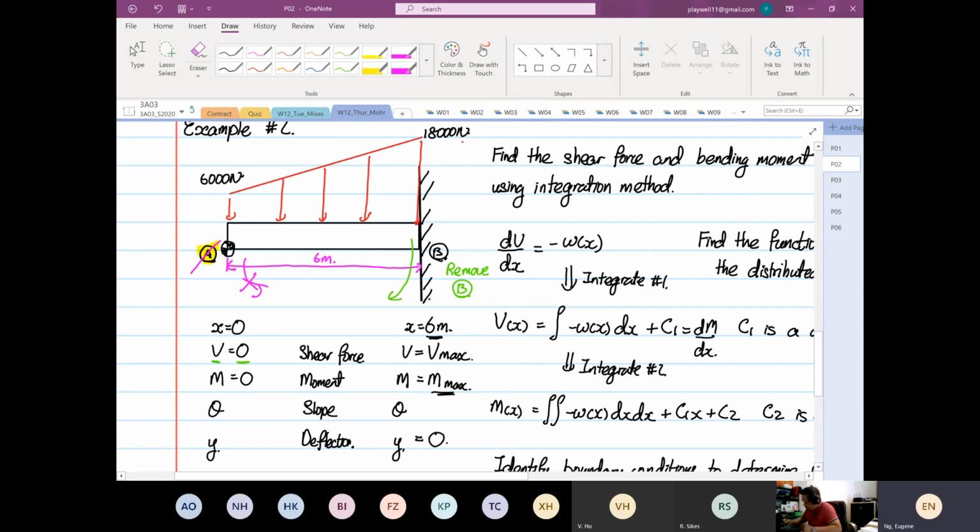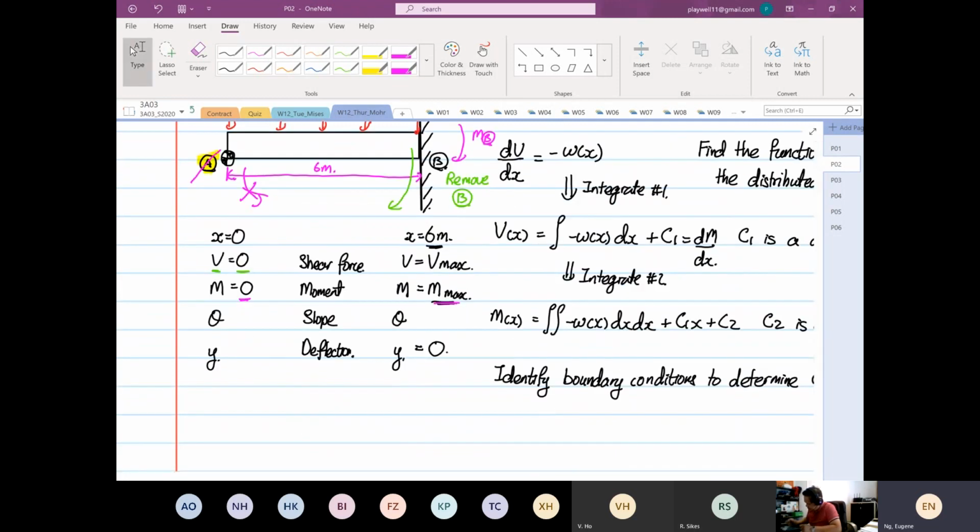Because we have a counter moment over here, the moment at point B. That's why the structure is not rotating, and that's why our moment is maximum. At point A, the moment is equal to 0 because when we take away the support at point B, the whole structure will rotate. So what we have done down here is identify what we call our boundary conditions.